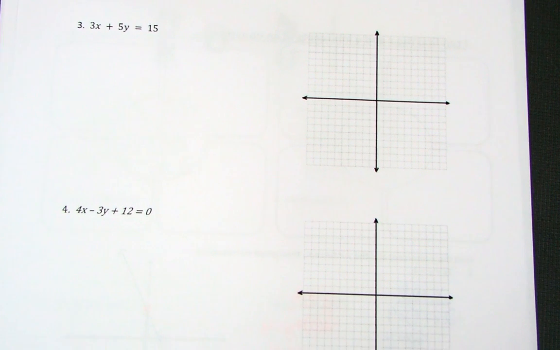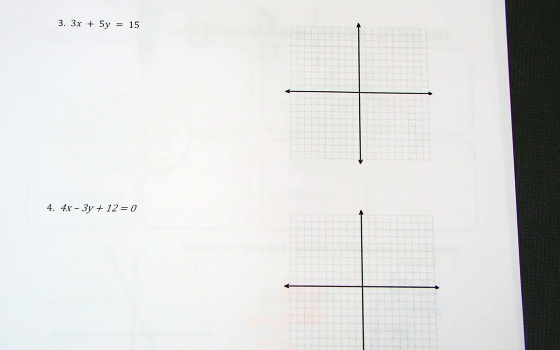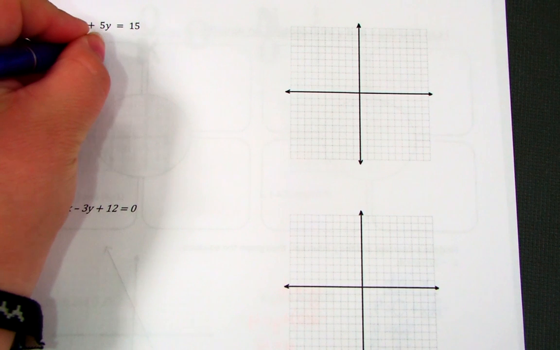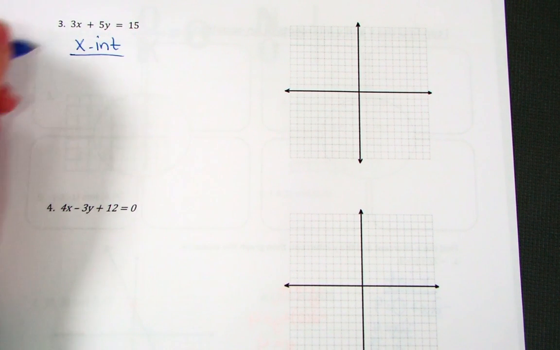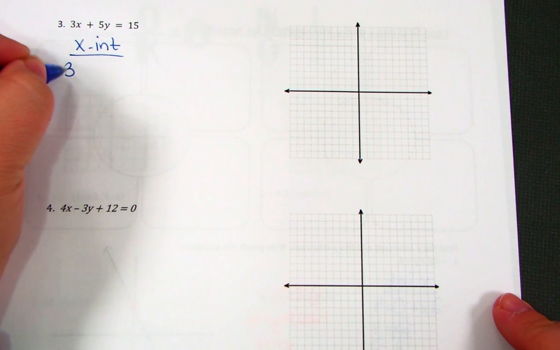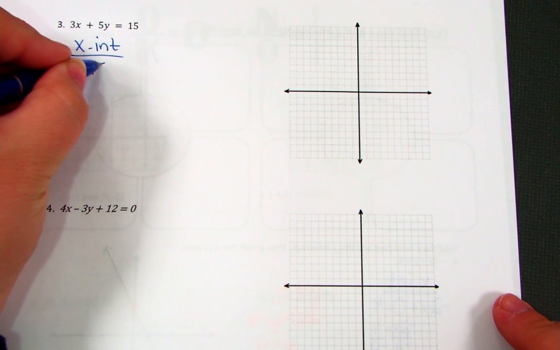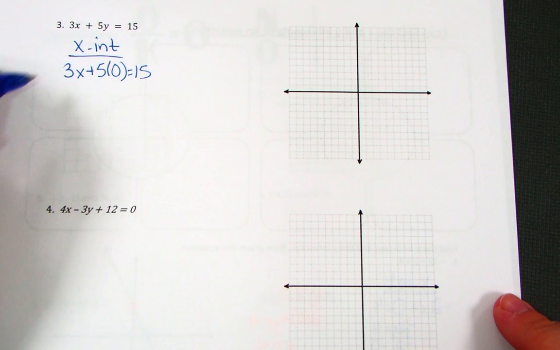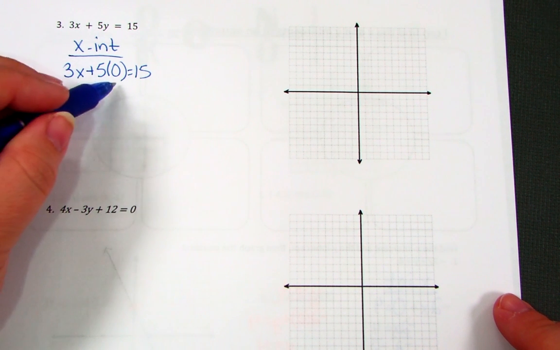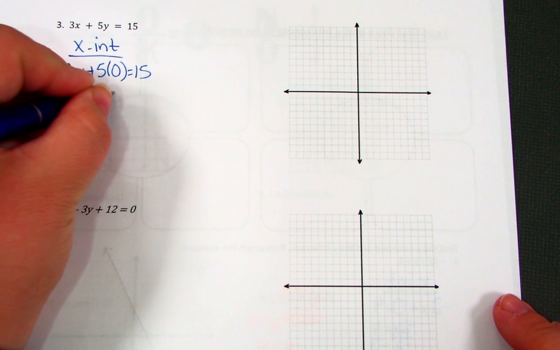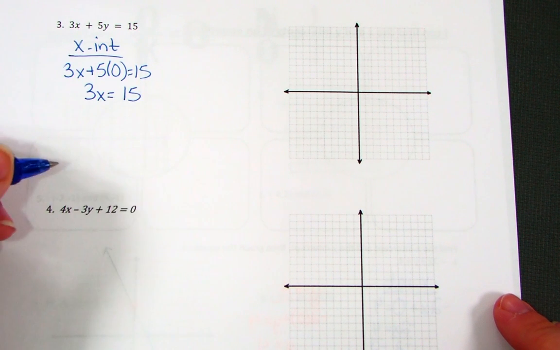Two more. And I will set you free. X-intercept. We have 0 in for y. So 3x plus 5 times 0 equals 15. 3x equals 15.